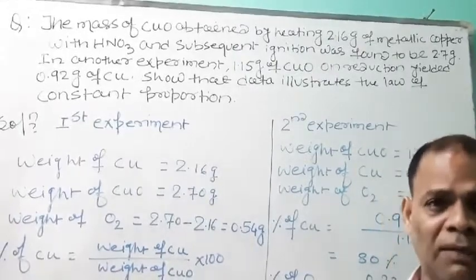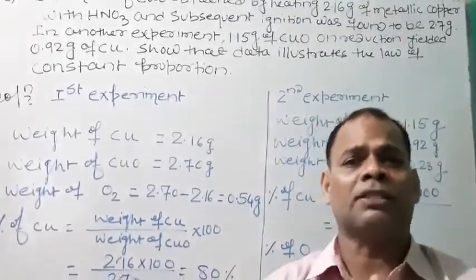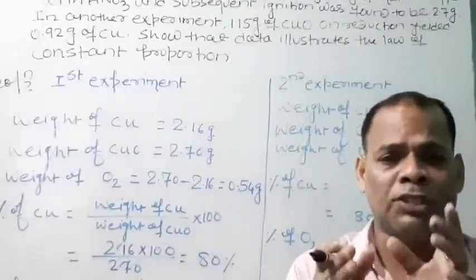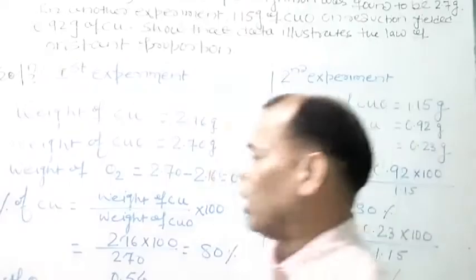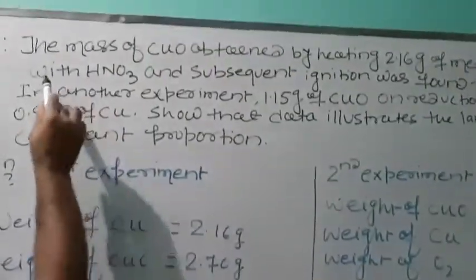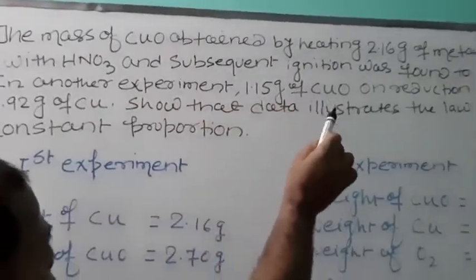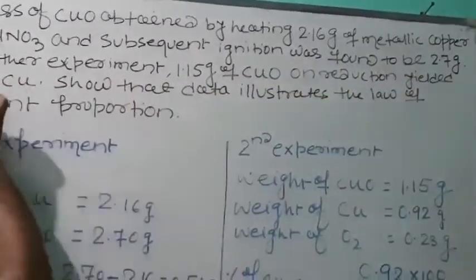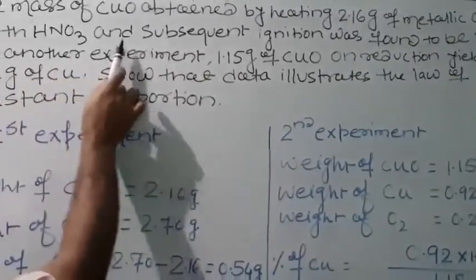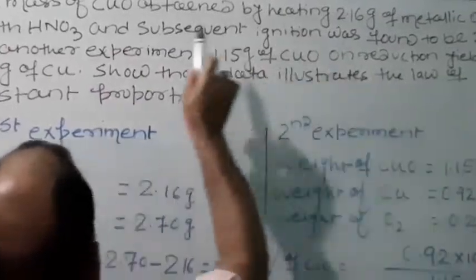The same compound is obtained by different sources, but the composition of the element remains constant. For example, the mass of copper oxide obtained by heating 2.16 gram of metallic copper with HNO3 and subsequent ignition was found to be 2.7 gram.